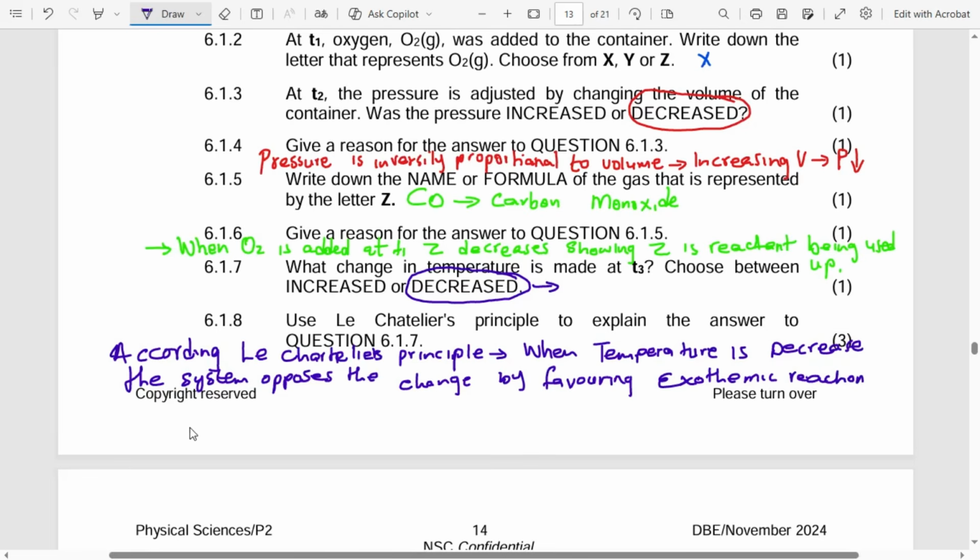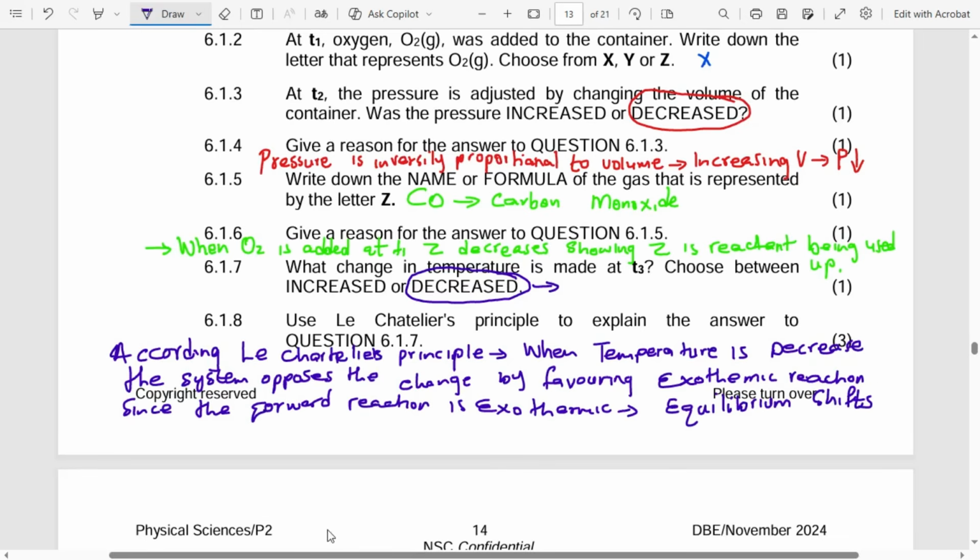And then, since the forward reaction is exothermic, the equilibrium shifts to the right. It shifts to the right. And why?